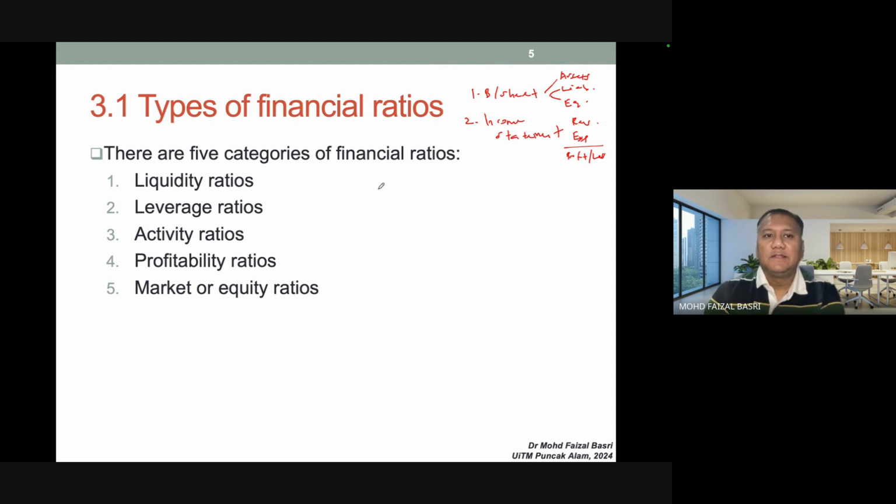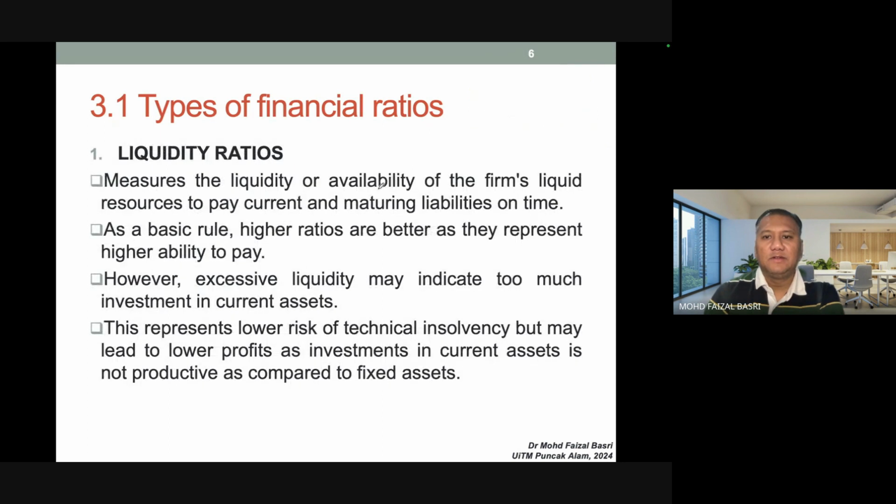Alright, so the 5 categories kita dah tengok. So let's go one by one. So the first one we have liquidity. Okay, so when we see the term liquidity, we want to know how easily the company has liquid assets in order for them to pay. Okay, the keyword is to pay current and maturing liabilities. So dia ada cukup tak liquid assets?